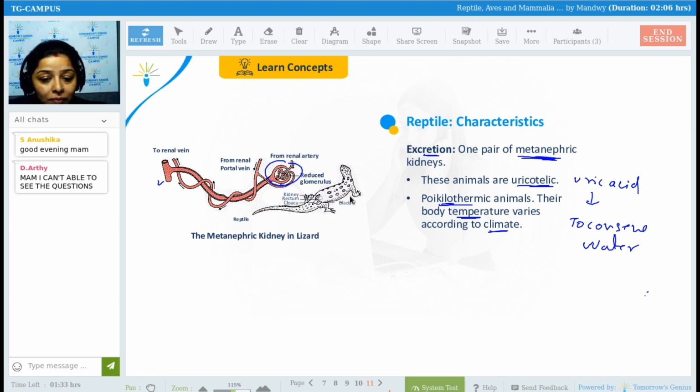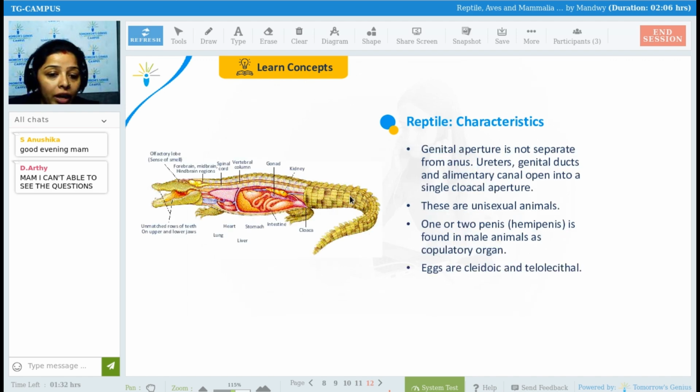Yes, ma'am. Okay, as we have seen, the cloacal aperture is the opening for the excretion, right? This cloacal aperture is not a separate one. It is connected to the gonads also with the help of a duct.